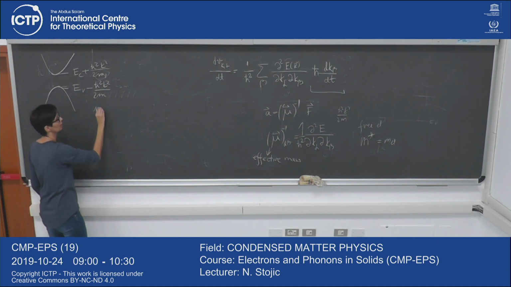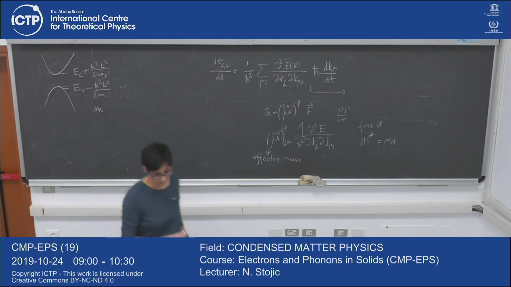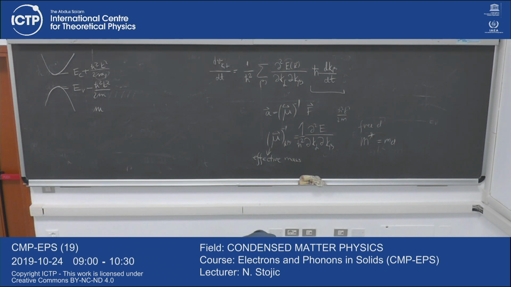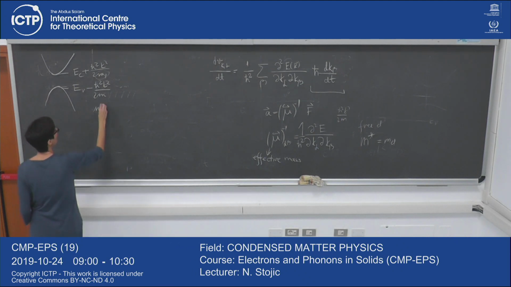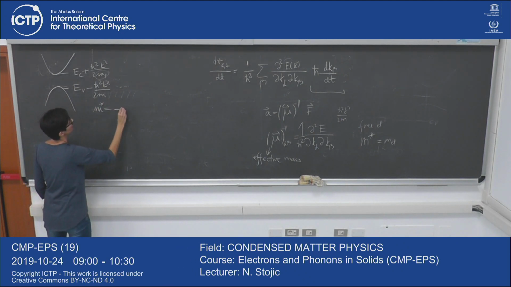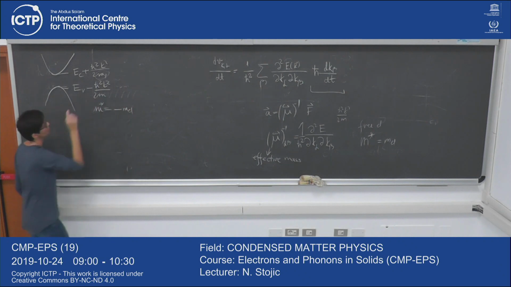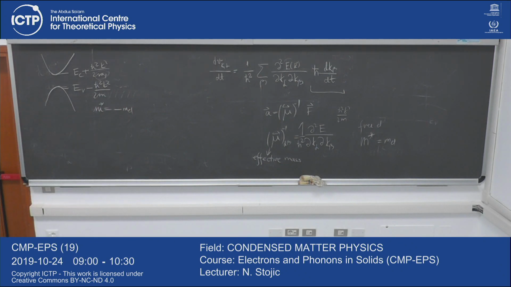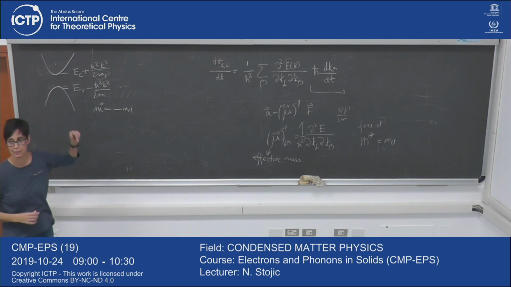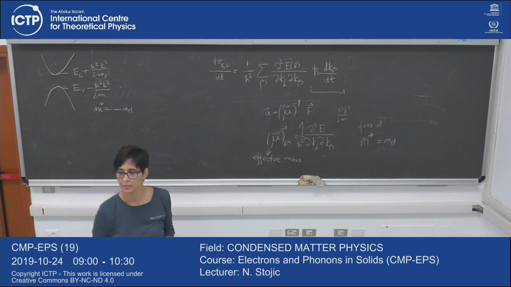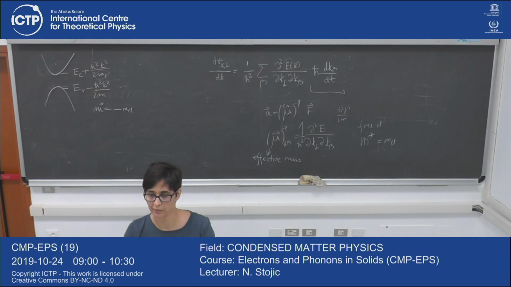So they call it a hole. The effective mass is minus m, if you assume this is the electron mass. So it depends on the dispersion. Is the band concave or convex? This will give you the answer whether the mass is positive or negative.